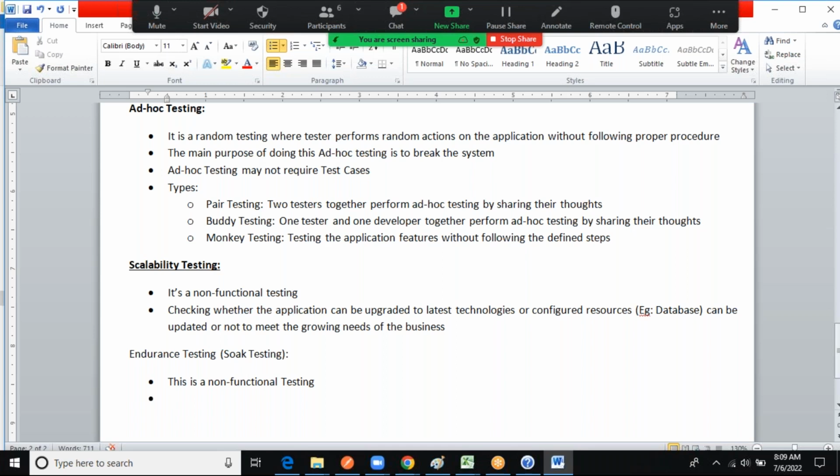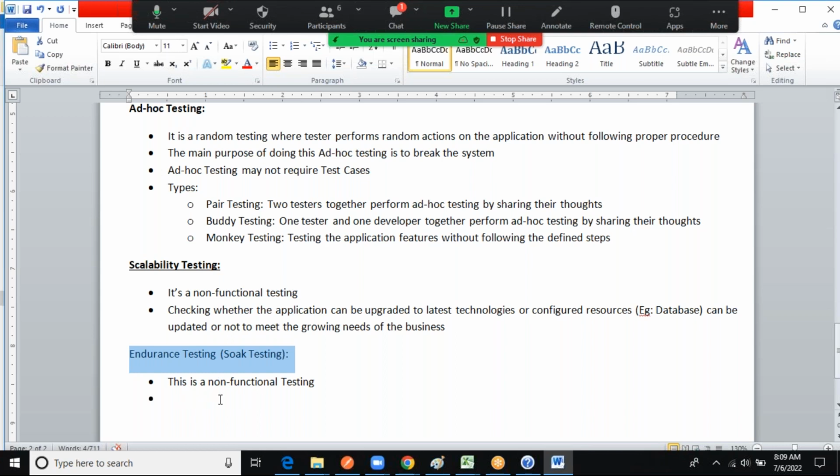In load testing or volume testing, I mentioned how the application performs when a huge amount of data is transferred or when many users access it. But the expectation in this testing is how long it can sustain that load or that many users.